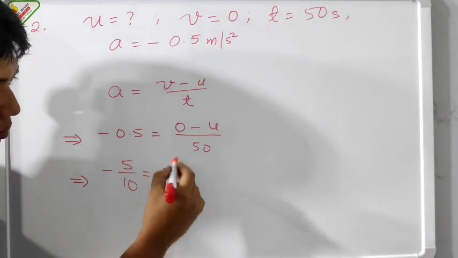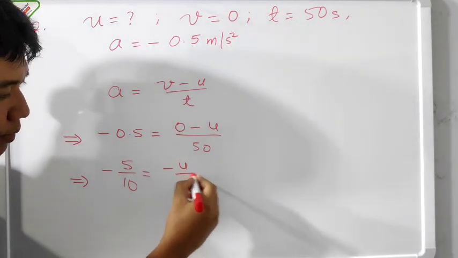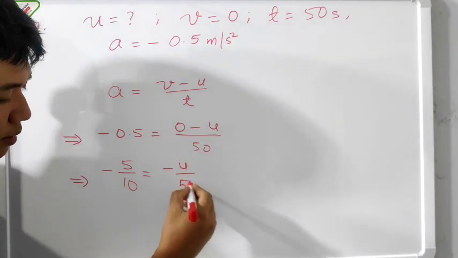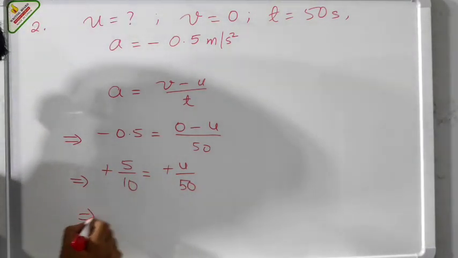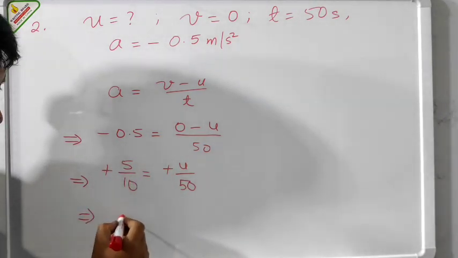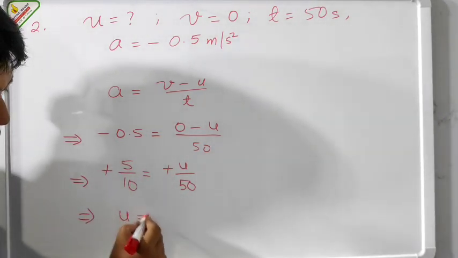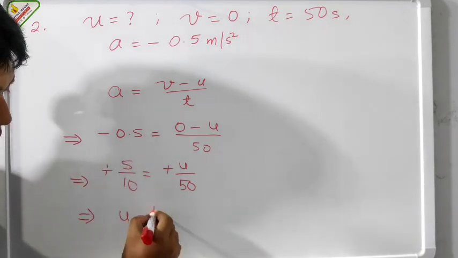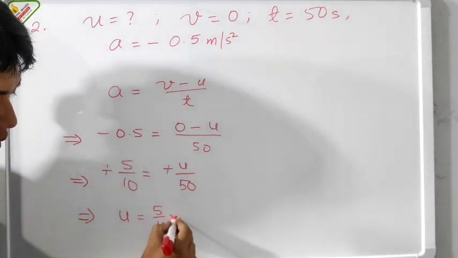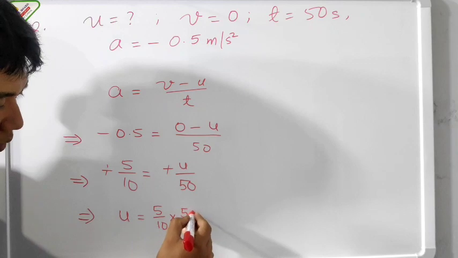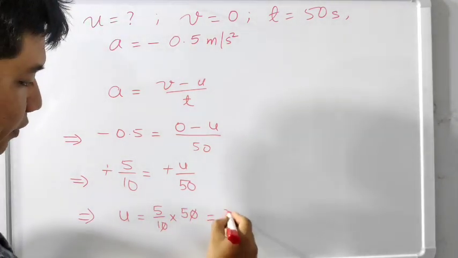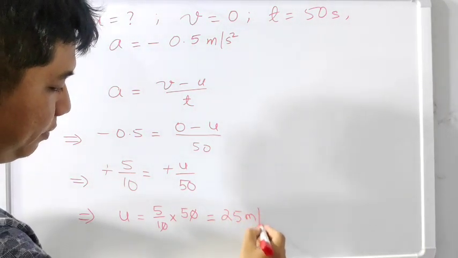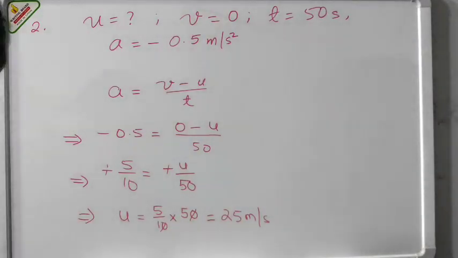Then 0 minus u is minus u by 50. Let us cancel the negative. Cross multiplying, we get u equals 5 by 10 into 50, which is 25 meter per second. Initial velocity of the train is 25 meter per second.